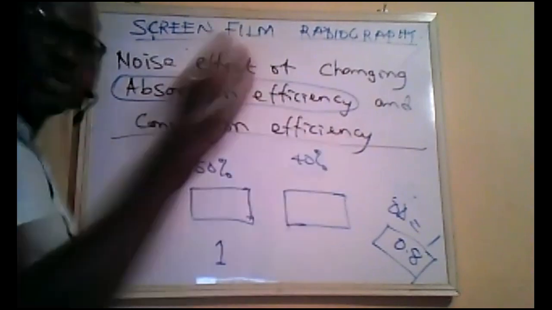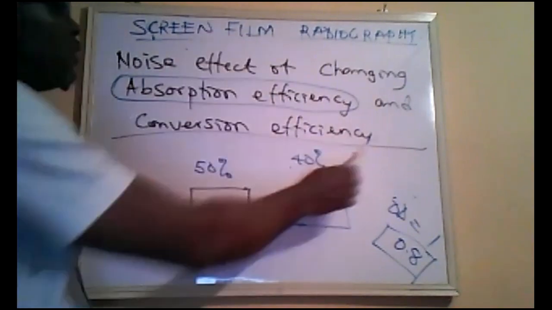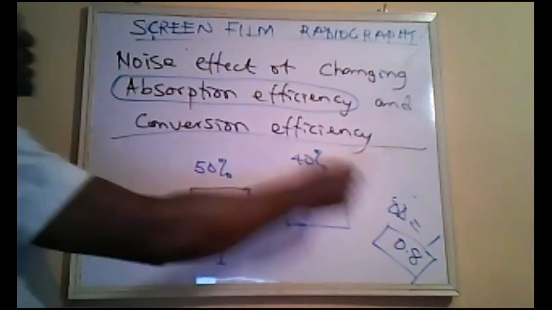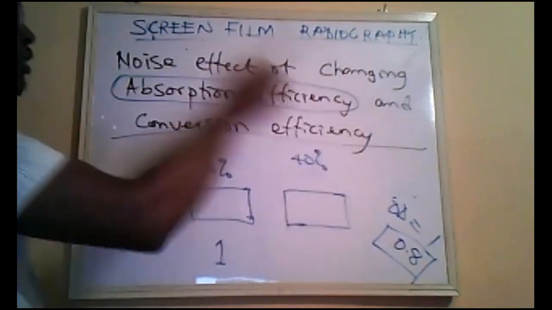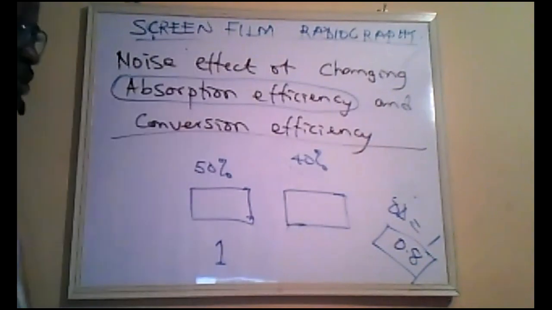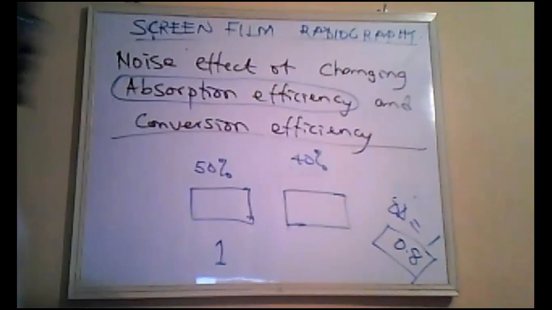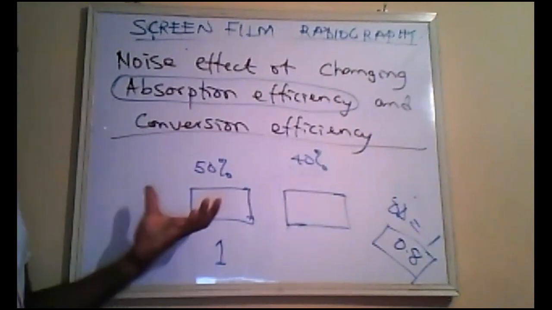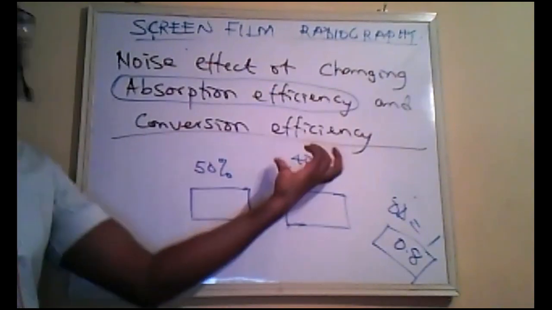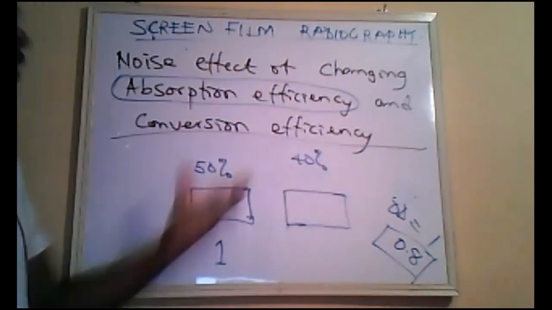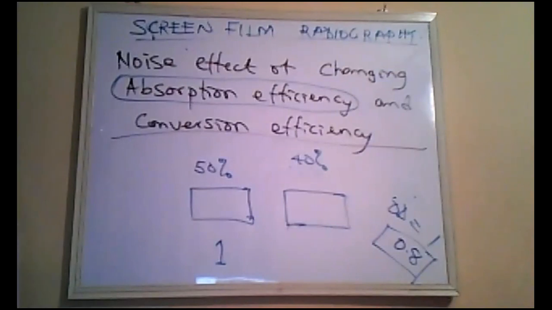If we change the conversion efficiency for a particular screen from one value to another value, the noise effect will still remain the same because the screen will either increase the light forming photons to a higher value or reduce it to a lower value.